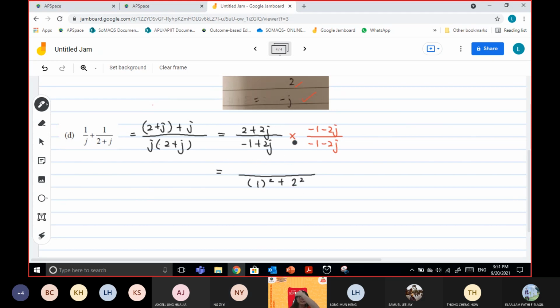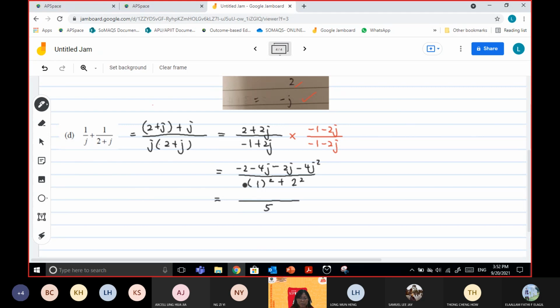How about the one at the top? -2 minus 4j plus 2j, minus 2j, I'm sorry. And then minus 4j square. Okay, correct. So let's simplify it.